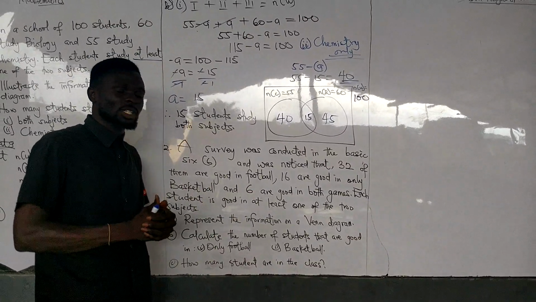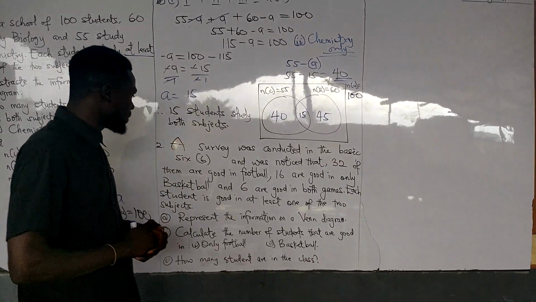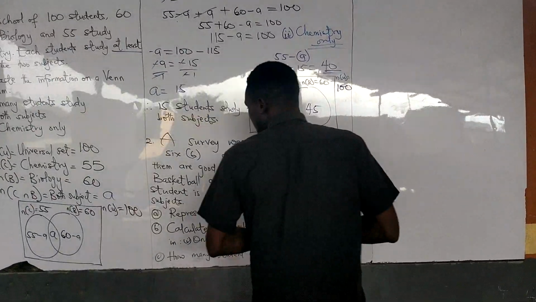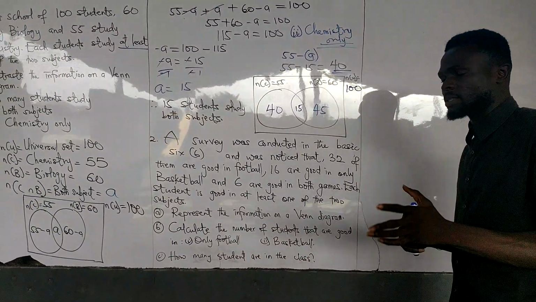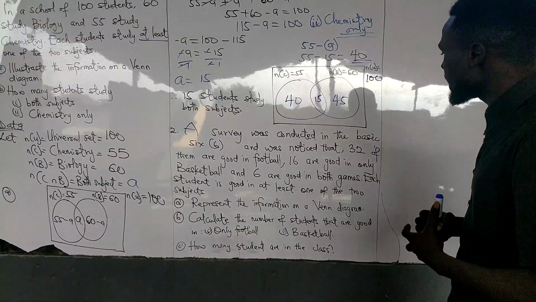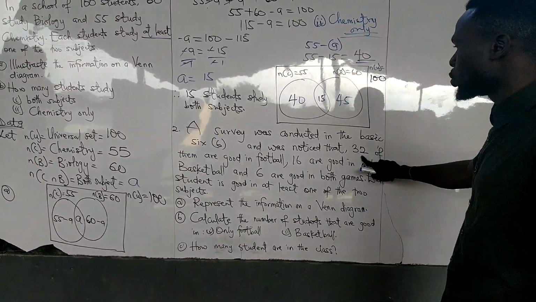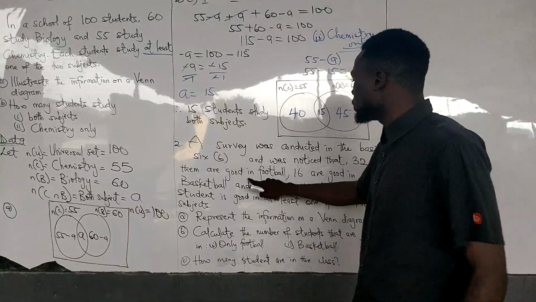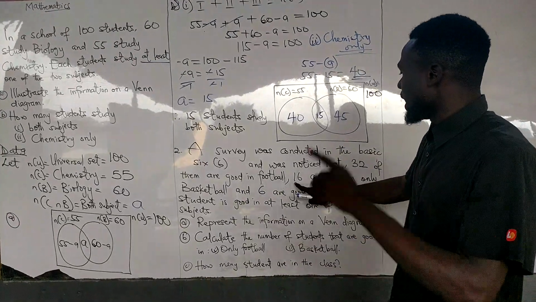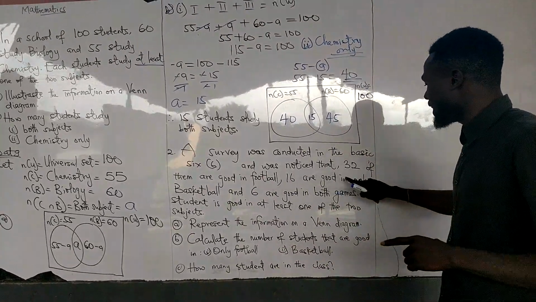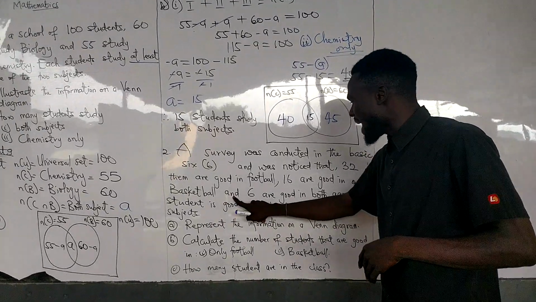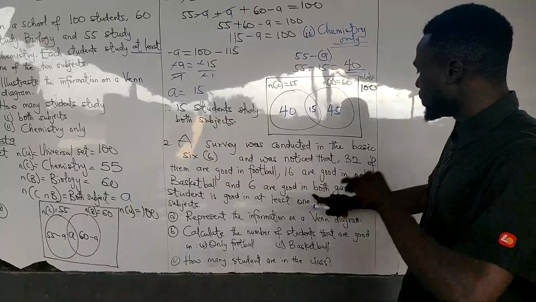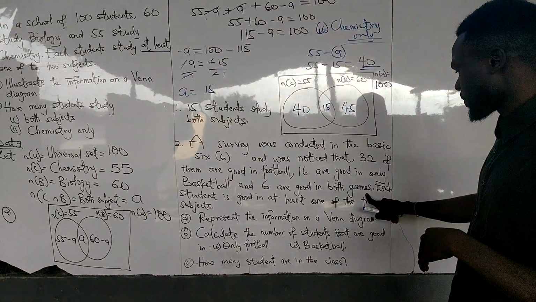Let's look at the last question on that for today. We have a question which says that a survey was conducted in Basic 6 and was noticed that 32 of them are good in football, 16 are good in only basketball, and 6 are good in both games.